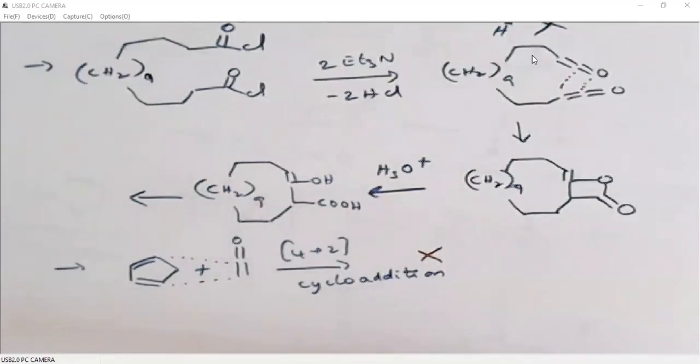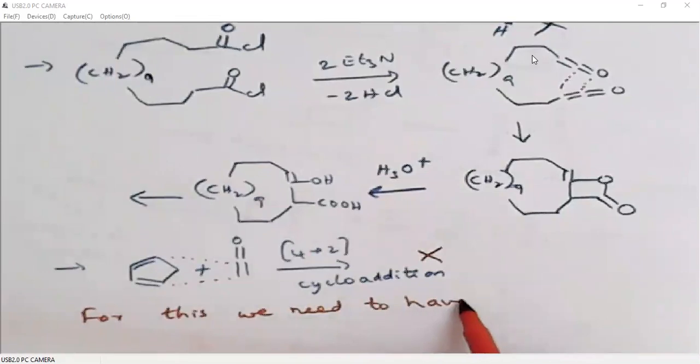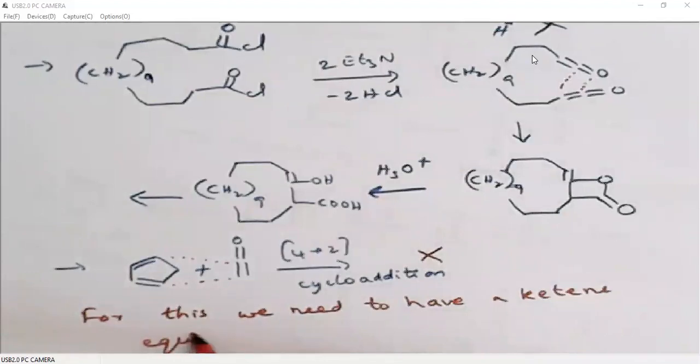What we can do alternatively is take a ketene equivalent and use that ketene equivalent in a Diels-Alder reaction. So for this, we need to have a ketene equivalent. What is a ketene equivalent?